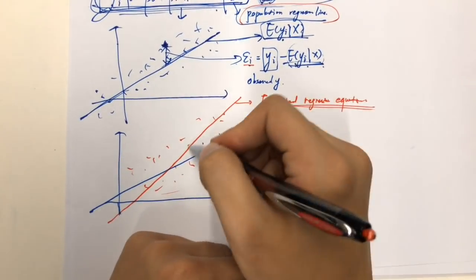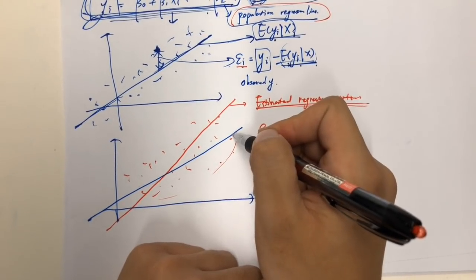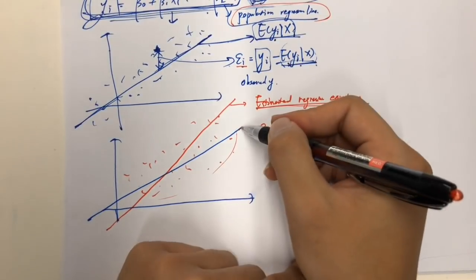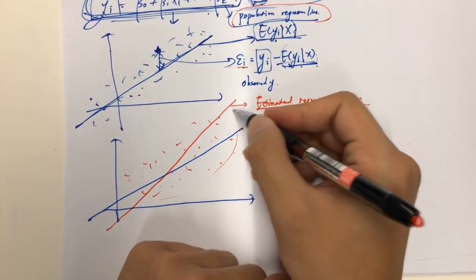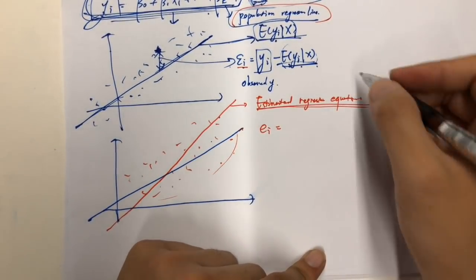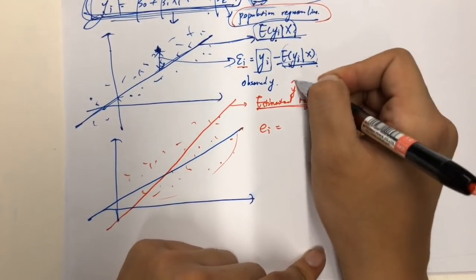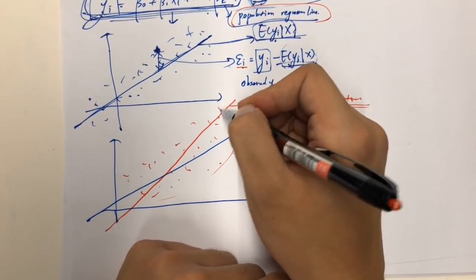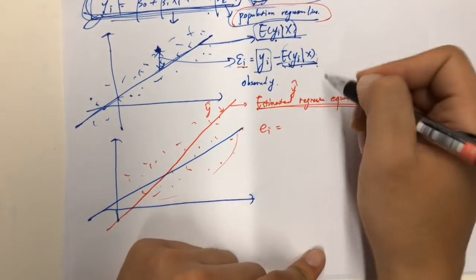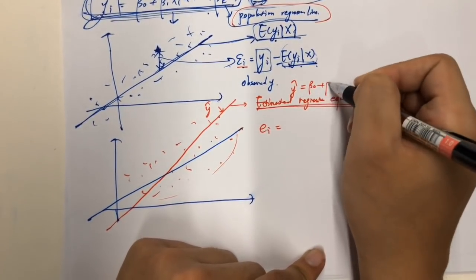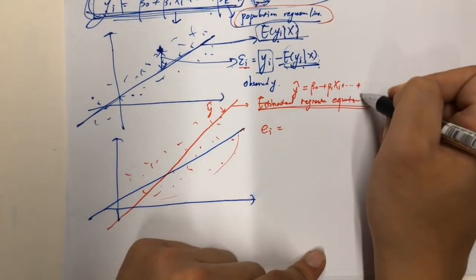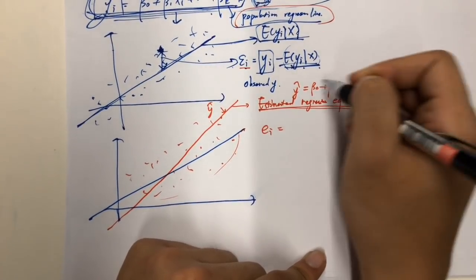Because we will never know the true location of the true population line, we only know the estimated regression equation, which is given by y hat. So the y value on this line is y hat, which equals beta 0 plus beta 1 x1 and so on, plus beta k xk.